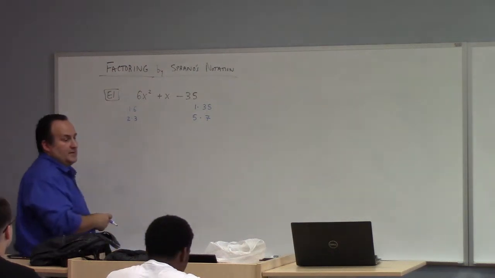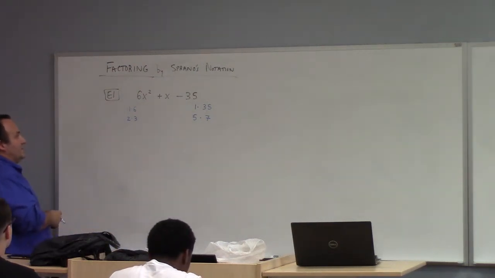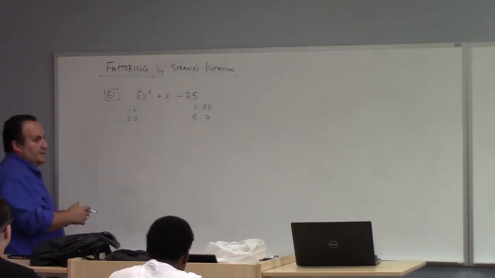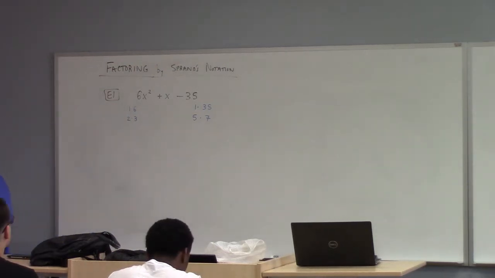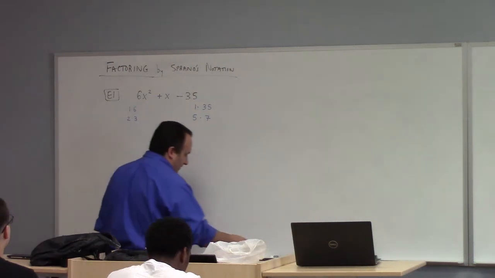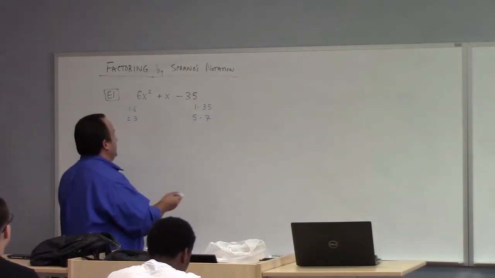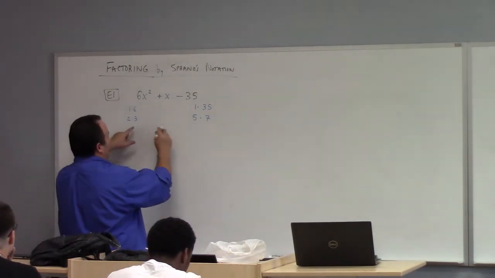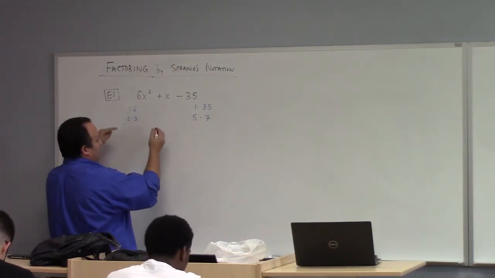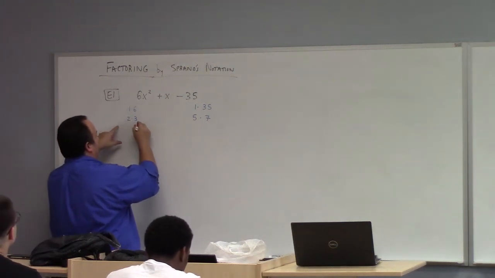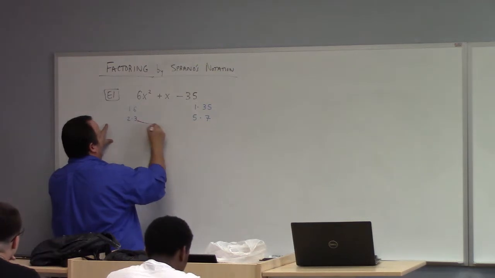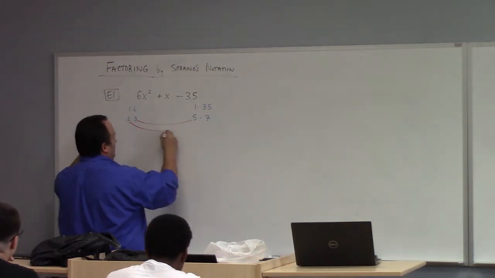Now the question is, how do we use these numbers? The idea is to form the factors, so let me just make a choice. I'm going to try pairing 3 with 5 and 2 with 7.